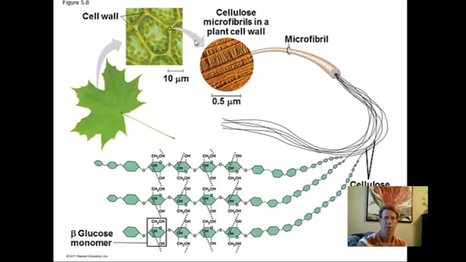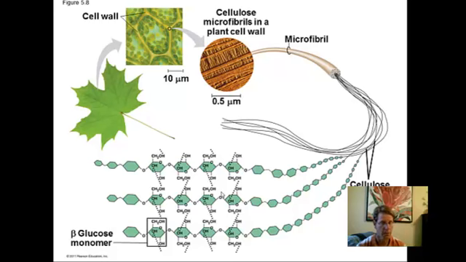And this is probably a much better picture, trying to take this little section of the cell wall, break it down, and when you get to the microscopic level, where we're talking about the monomers that are being put together to form this cellulose, you can see how all these chains are being linked together.